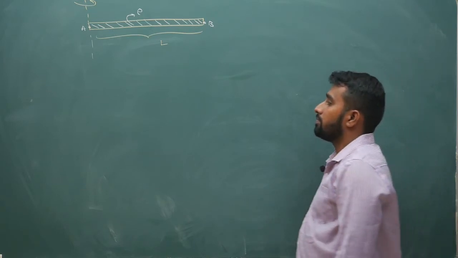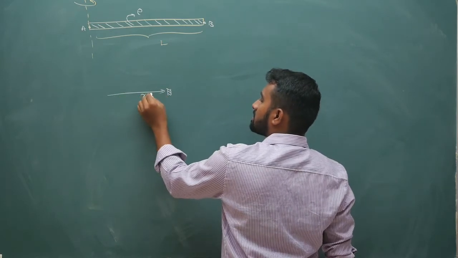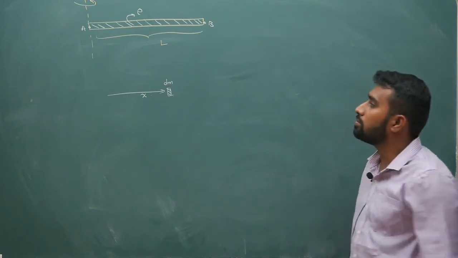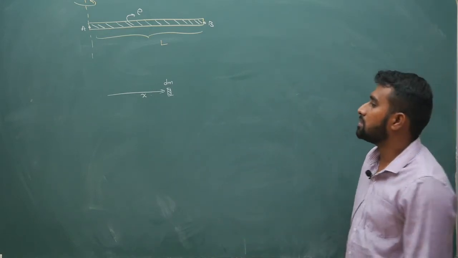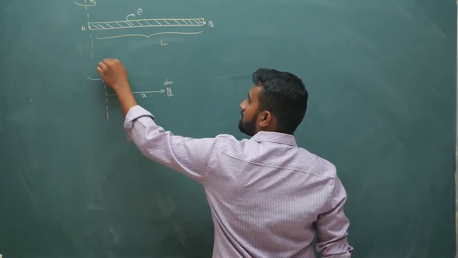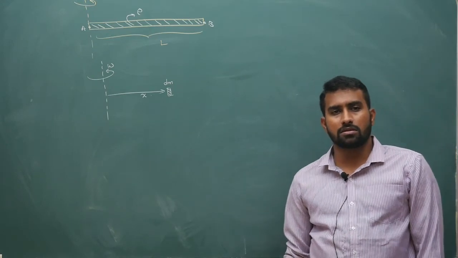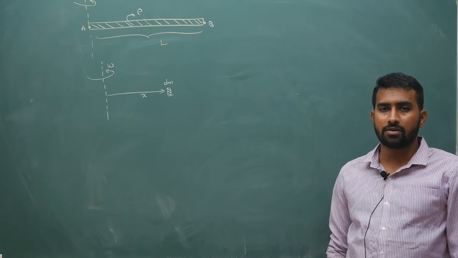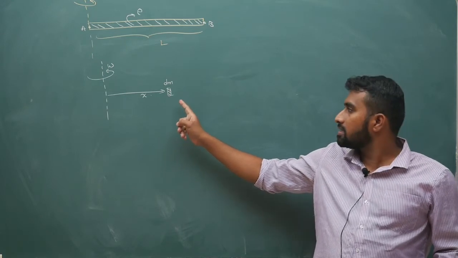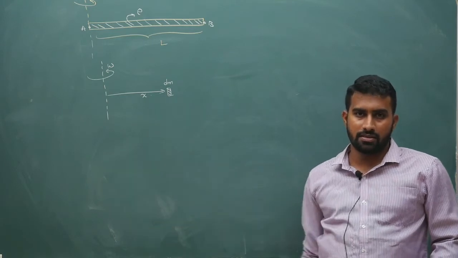Now if you take some small mass dm at some distance x out of this tube, when it is rotating with angular velocity omega, whenever a body goes in a circle, net force or centripetal acceleration will be directed towards center. So at this point your resultant acceleration will be directed towards center like this.